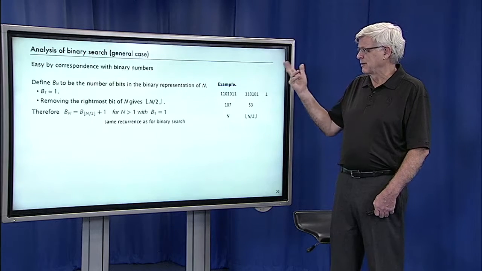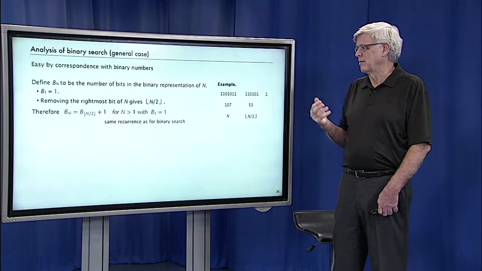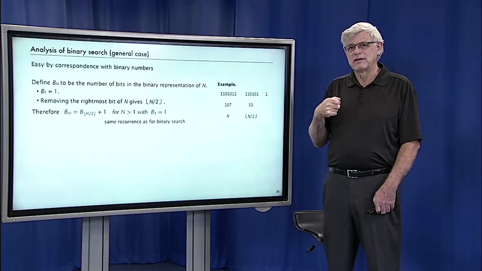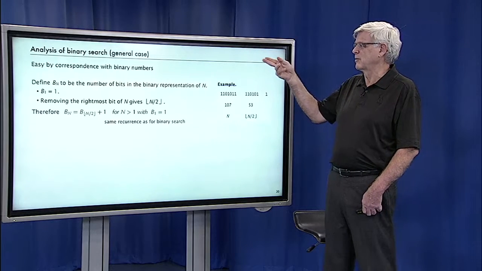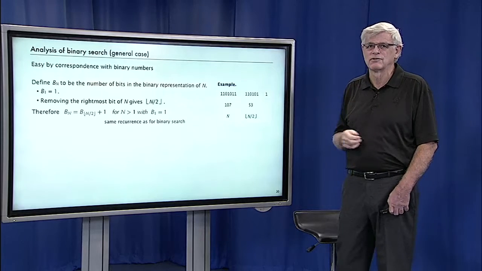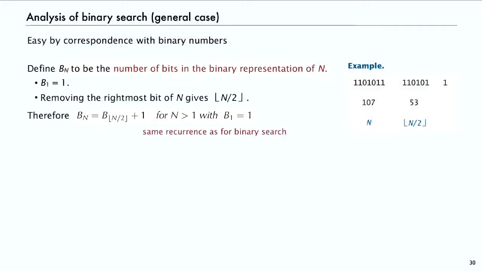So now, what about the general case when n is not necessarily a power of 2? Well, it turns out to be an easy way to study that case, and that's to develop a correspondence with binary numbers. So let's define b sub n to be the number of bits in the binary representation of n. In this example, n is 107, and it's got 7 bits in its binary representation.